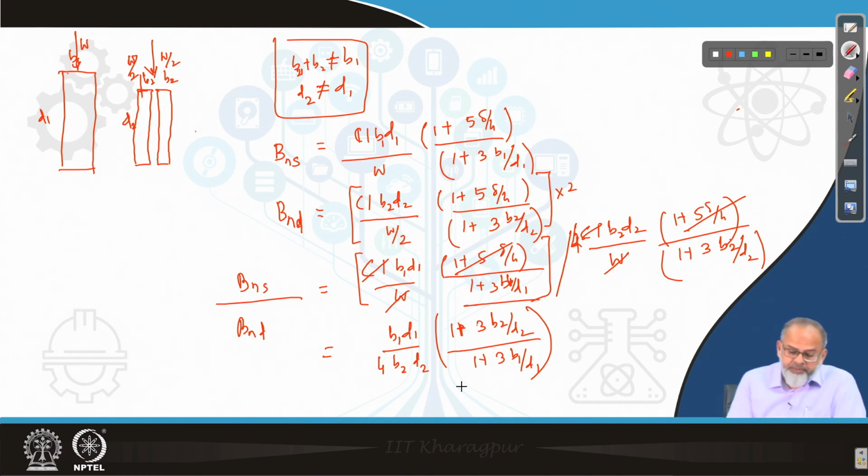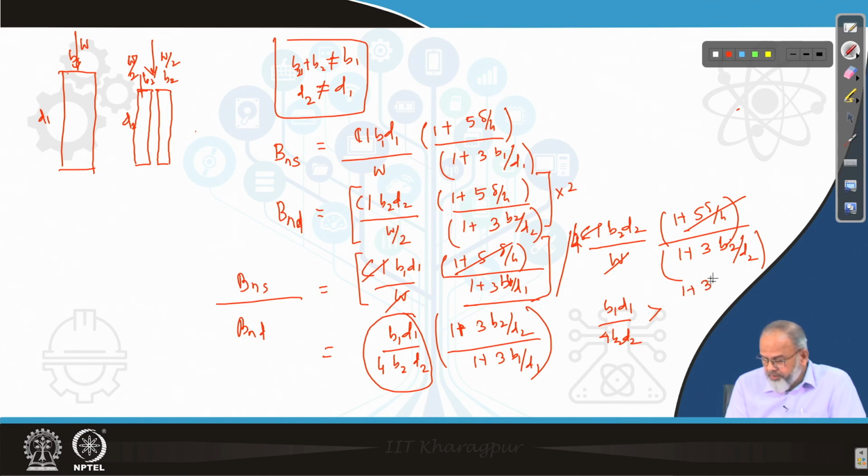If you want that BNS should be greater than BND, that means mobility number of tire 1 is to be greater than the mobility number of dual tires, then this ratio B1 D1 by 4 B2 D2 should be greater than 1 plus 3 B1 by D1 by 1 plus 3 B2 by D2.